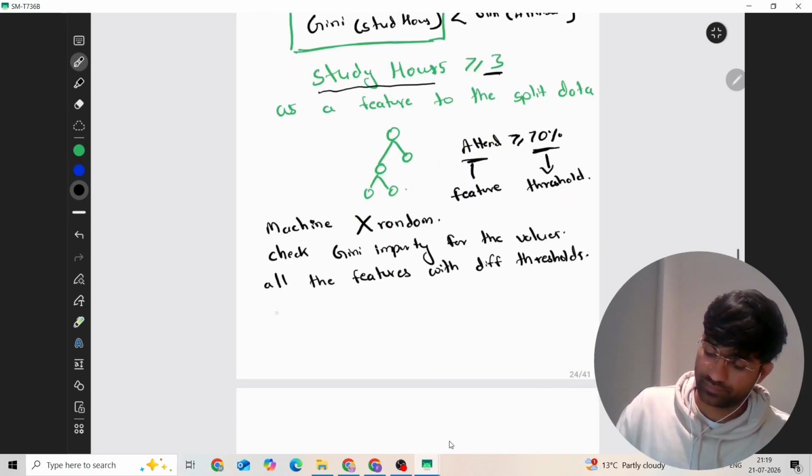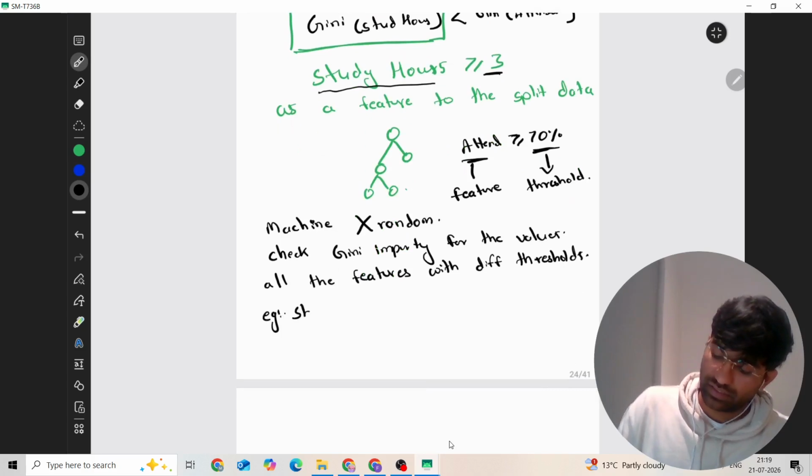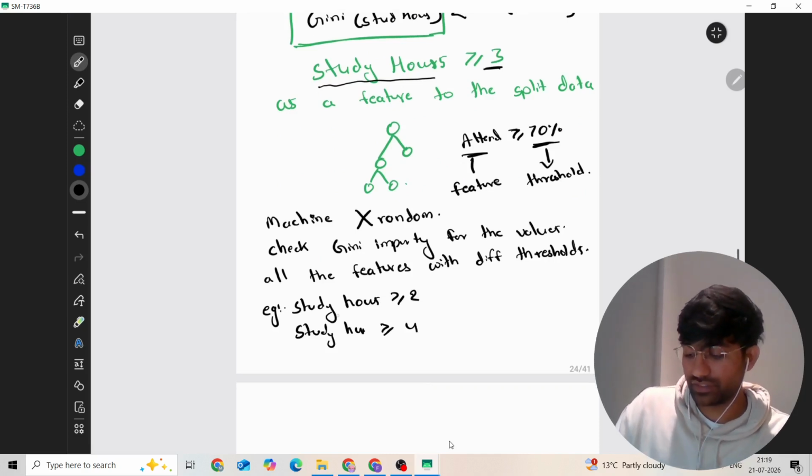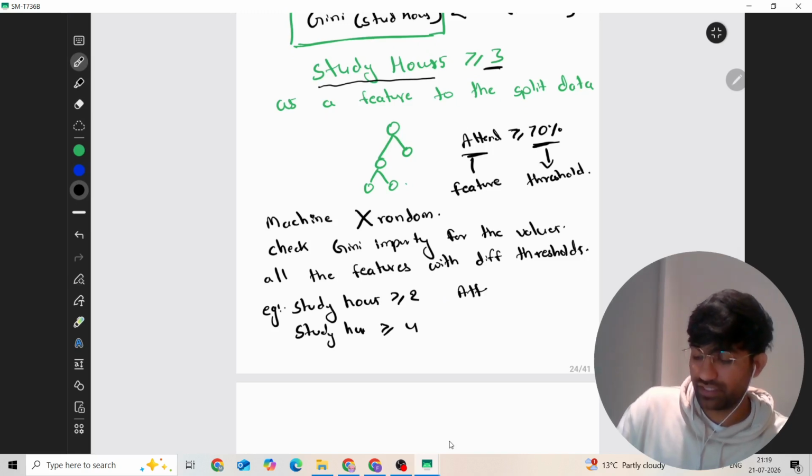Example, study hours greater than or equal to 2, study hours greater than or equal to 4. It will check with the different features and different thresholds.